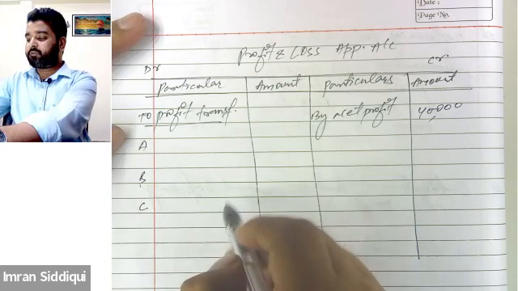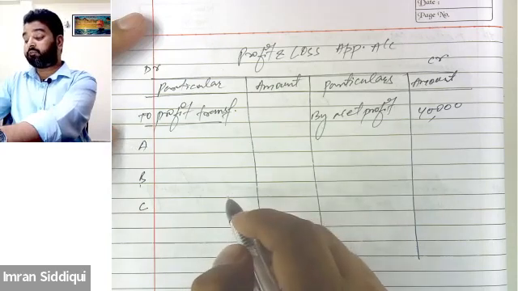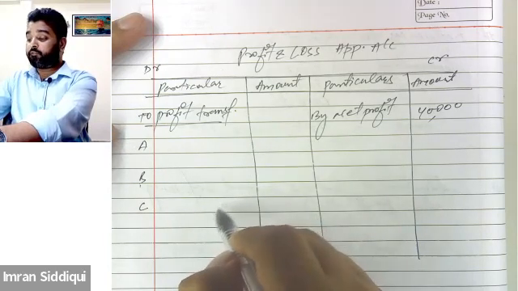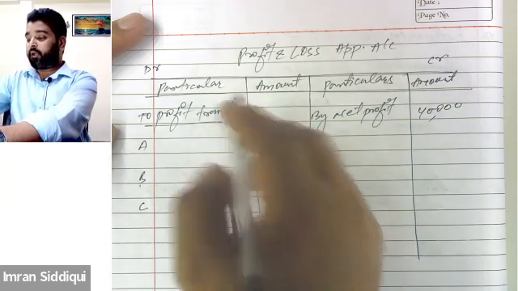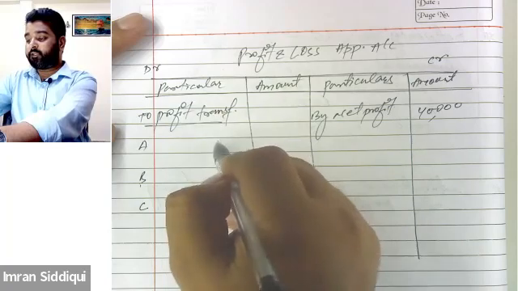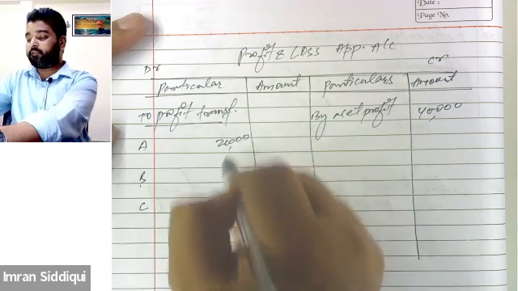As per the profit sharing ratio, A gets 4,000, B will get 20,000, and C will get 16,000.